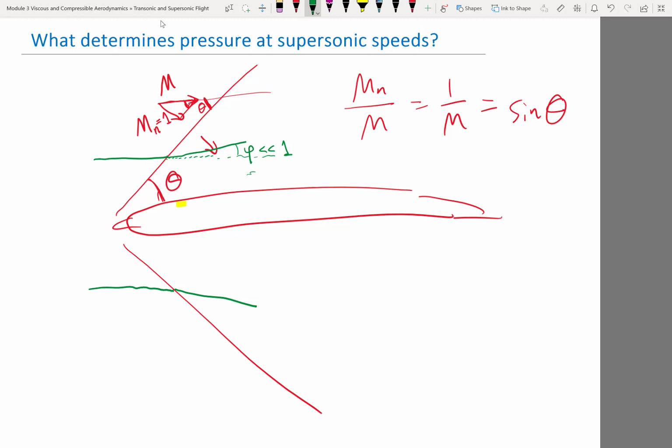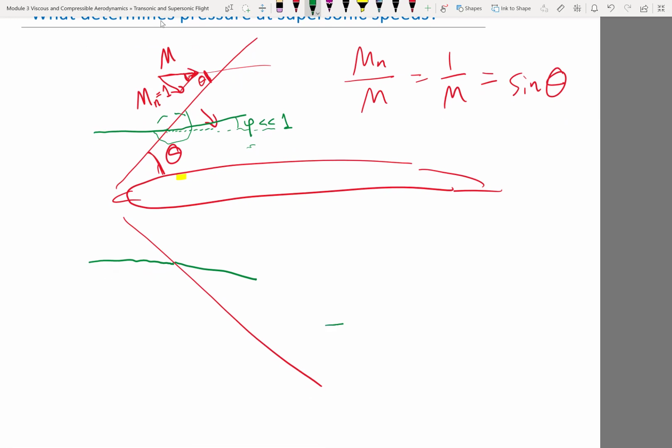So again, let's zoom into here a little bit more and draw this geometry. This is the change in the angle phi, and we have a shock wave that's at an angle of theta. So the angle between them is going to be theta minus phi.